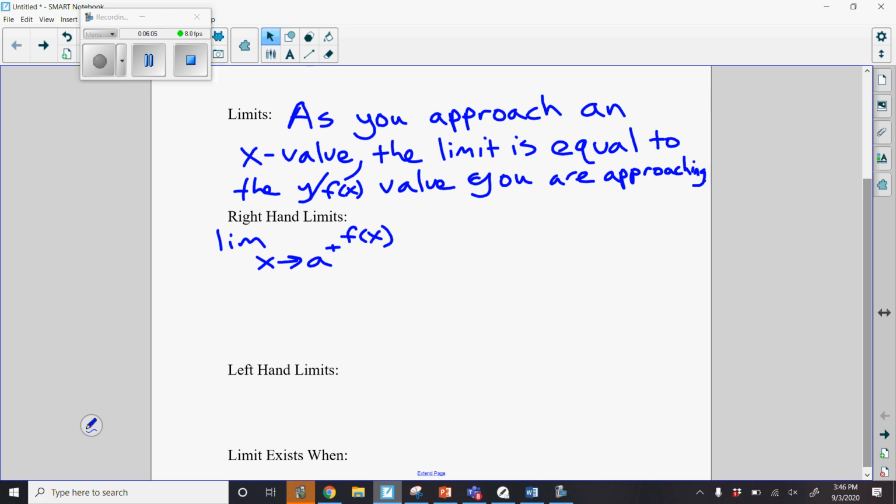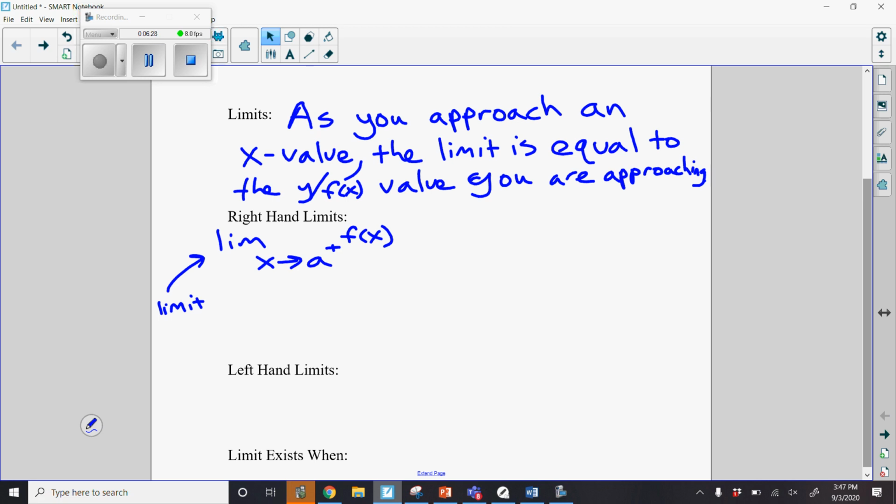Okay, so when we talk about limits in math, the notation we're going to use is just the abbreviation lim, lowercase l, lowercase i, lowercase m. So that lim is referring to limit. And then there's a subscript here, right?